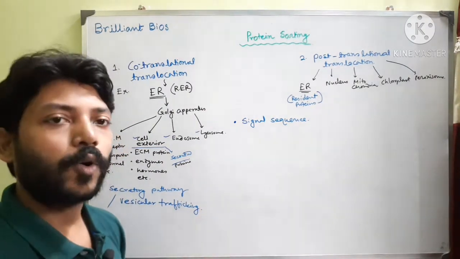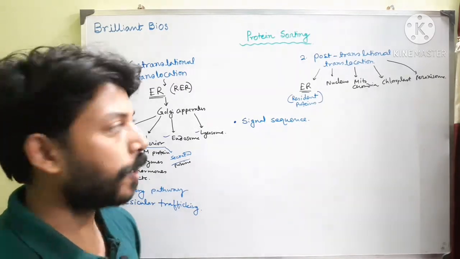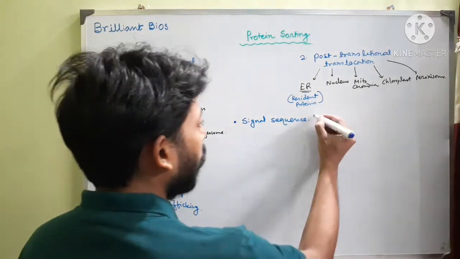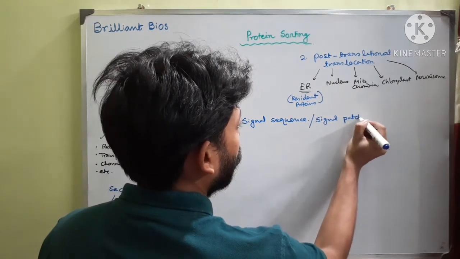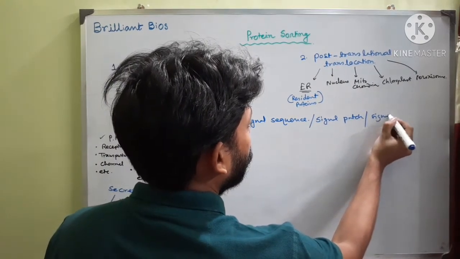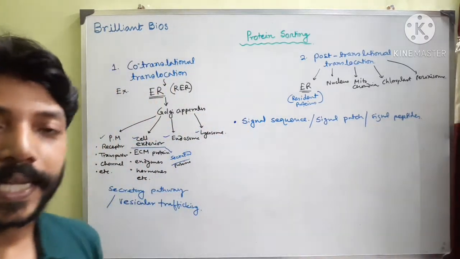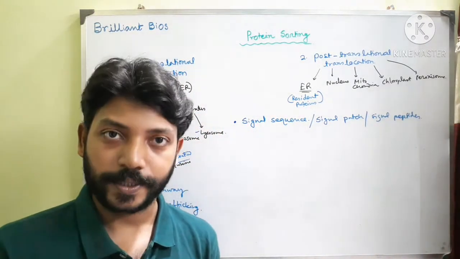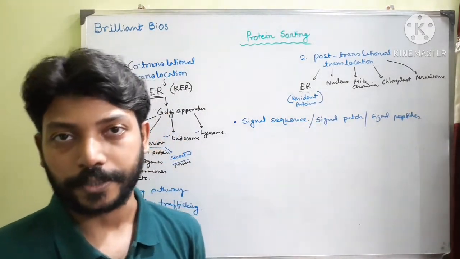This signal sequence is also known as a targeting sequence, or signal patch, or signal peptide. The names are different, but they all mean the same thing: the proteins have some sequence of amino acids that helps them reach these destinations.